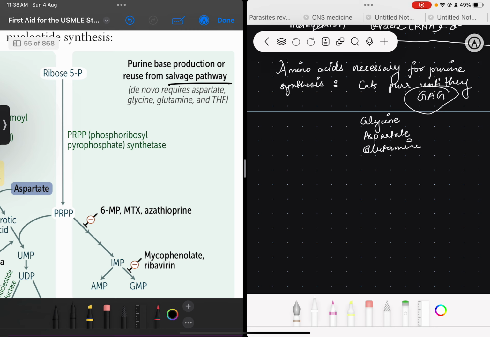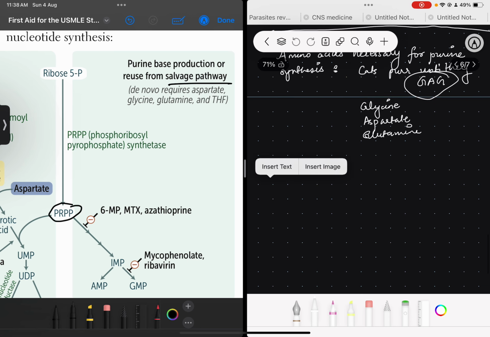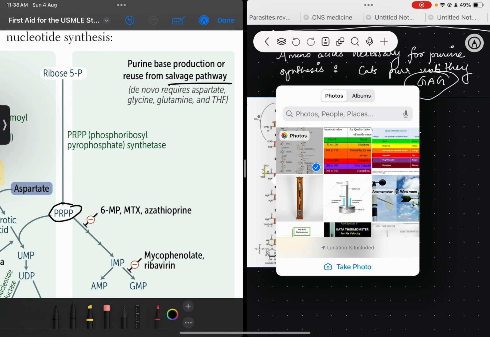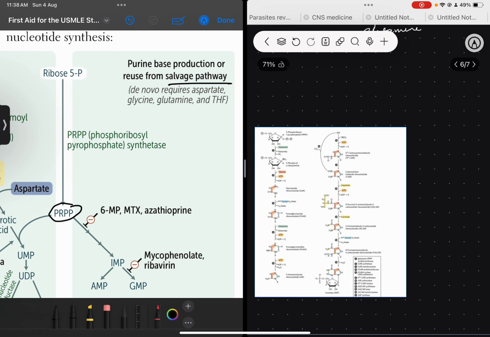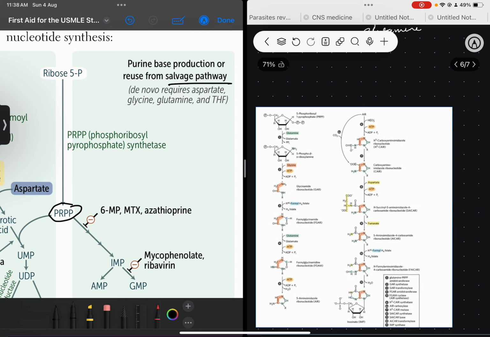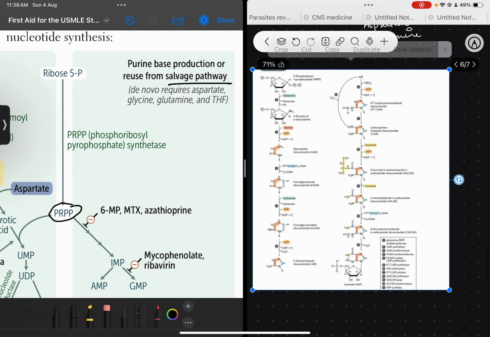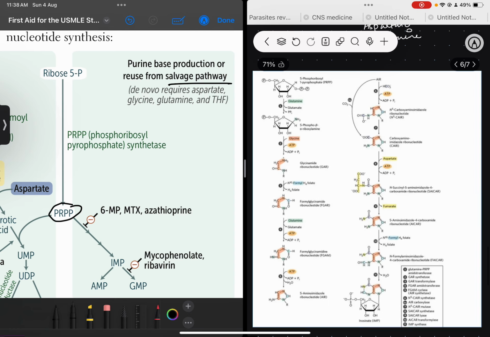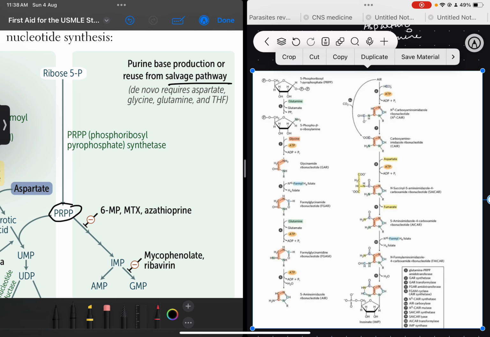There are actually 10 enzymes used after this, but you don't have to remember any of them. It will be very confusing. As you can see here, these are all the steps. It's just for reference. You don't have to remember any of this.